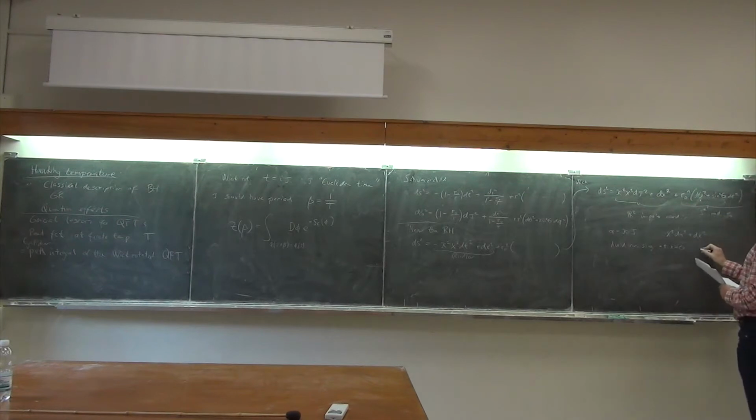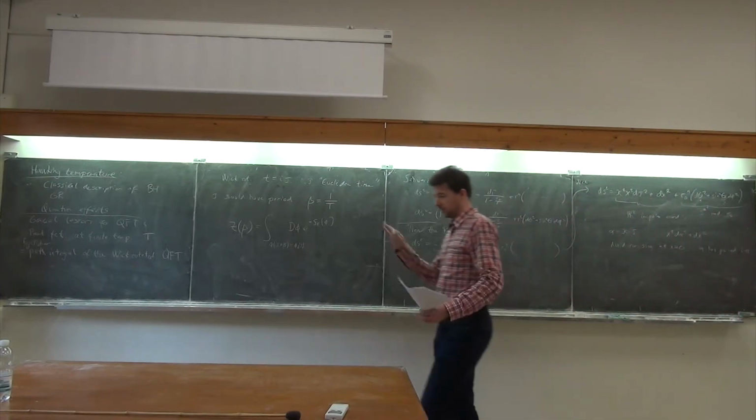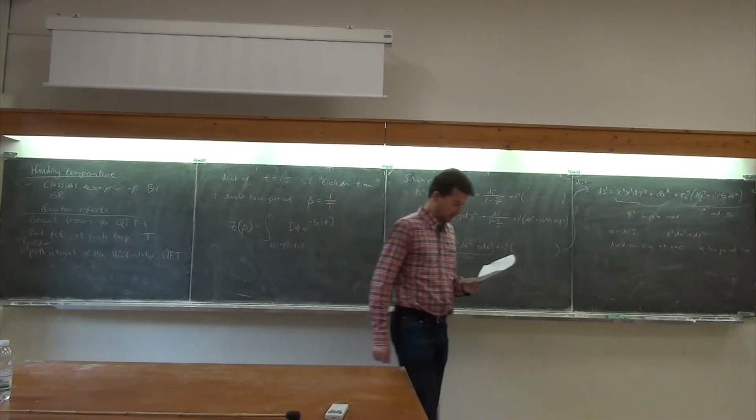You have to pick that alpha has period 2 pi. Otherwise, there's a conical deficit or conical excess, the opposite of that.